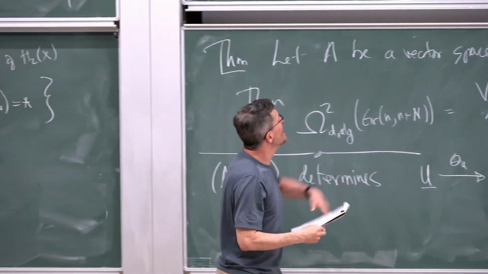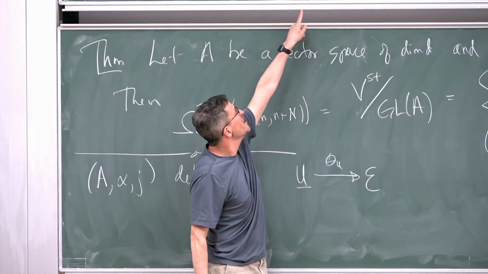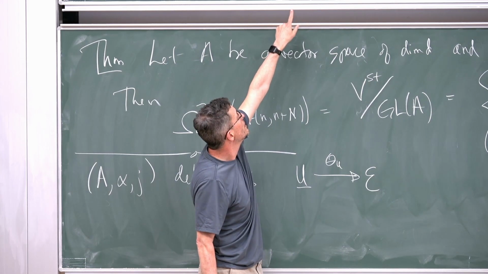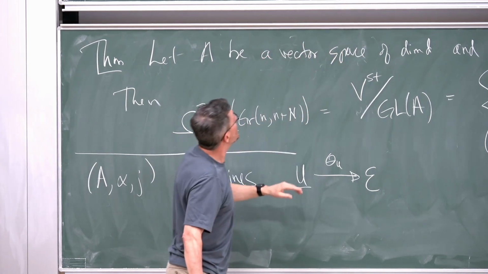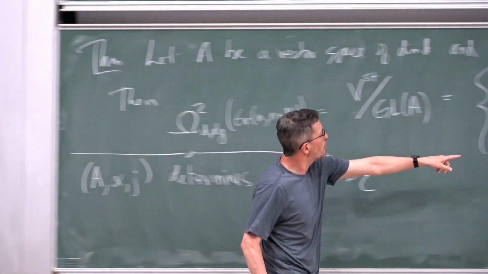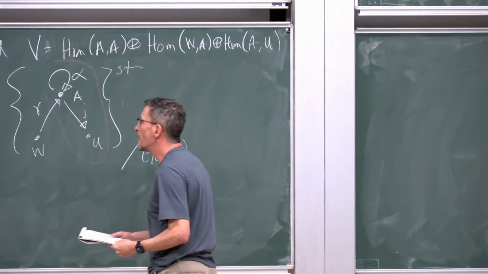So these are the things that I'm parameterizing. So in particular, I'm parameterizing sort of two maps from this fixed bundle to this variant thing. And the theta U is determined by this part of the quiver right here.